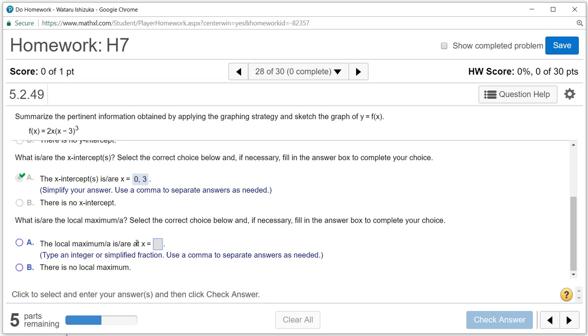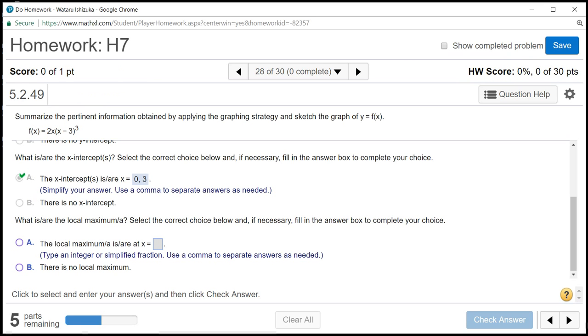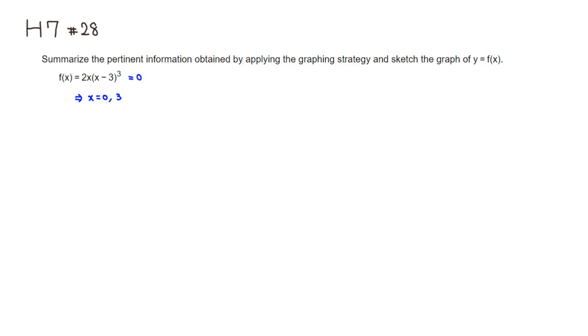Then, what is the local maximum, or maxima if there are more than one? In order to find the local maximum, we need to find the derivative first, so that we can find critical numbers. f prime of x. First, 2 is just a number, so I'll just put 2 there.